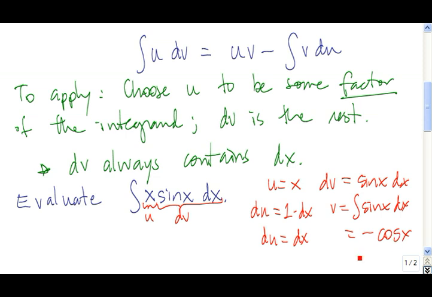Okay, so now what we do is we put all this together. The integral of x sine of x dx is equal to u times v, so x times negative cosine of x, minus the integral of v times du. So negative cosine of x, and du is just dx.